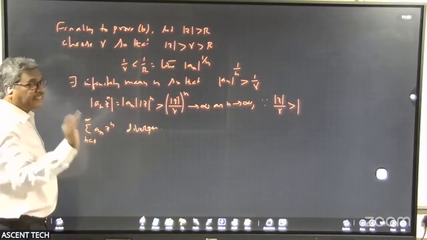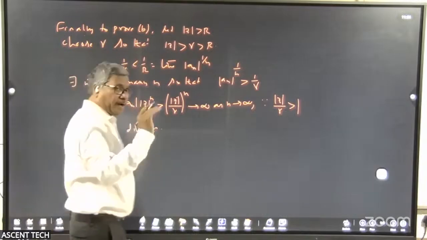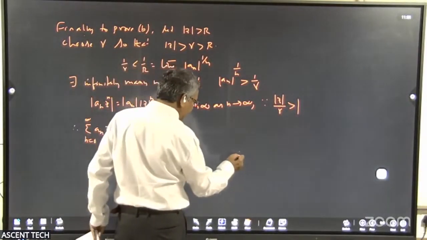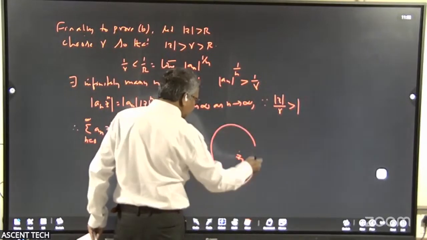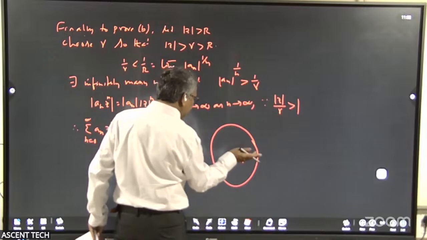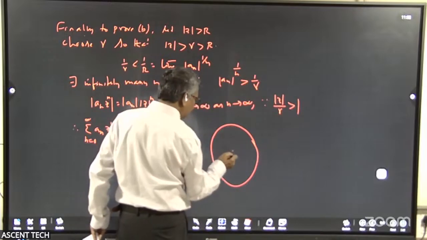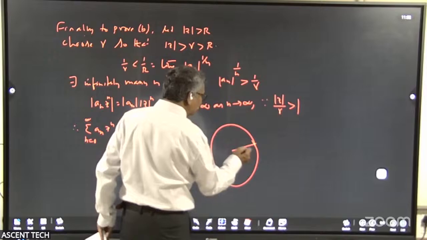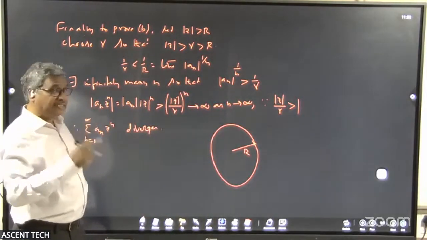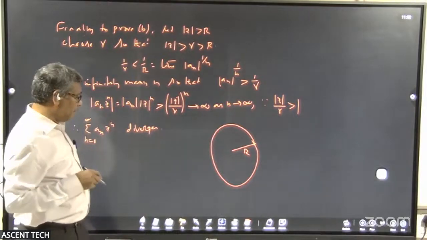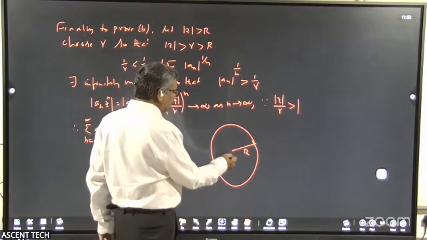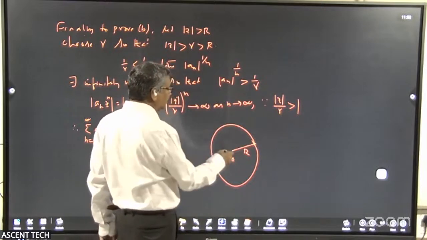Okay, so let's just summarize what we did. Corresponding to a power series centered at Z0, I will be able to find a disk around it of radius r. Outside this disk of radius r centered at Z0, the series diverges, inside it converges.